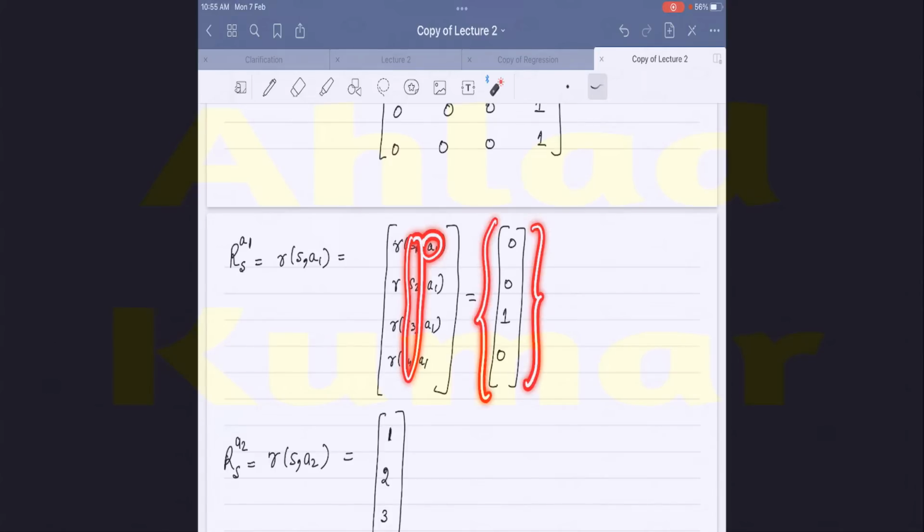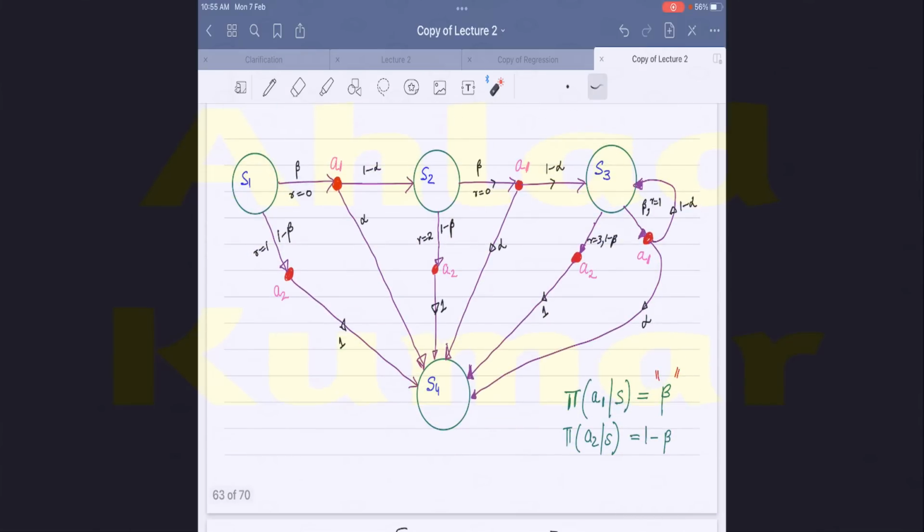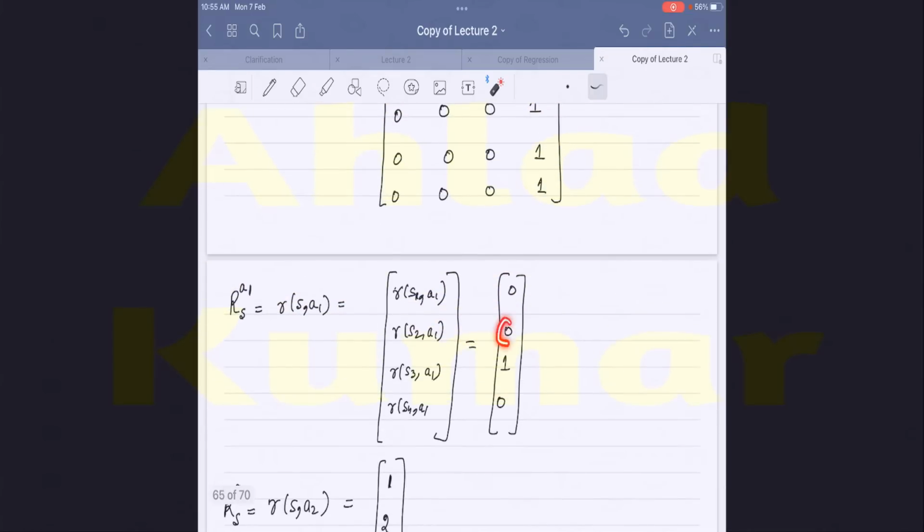It's also very easy to see: if you are in state S3 and you take action A1, the reward given is 1. You can see from the figure also that in state S3 with action A1, the reward is 1, which is indicated over here. Similarly, if you take action A1 in state S2, the reward given is 0. That's why this value is 0.